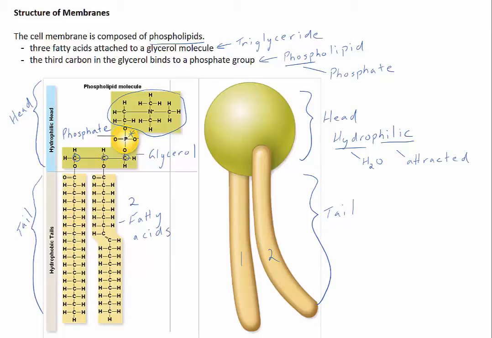The tail, which consists of 2 fatty acids, is hydrophobic. Hydro again for water, and phobic meaning to repel water.